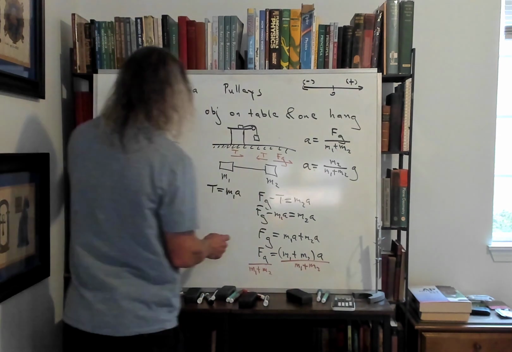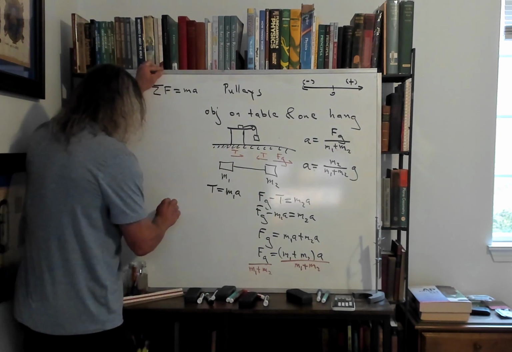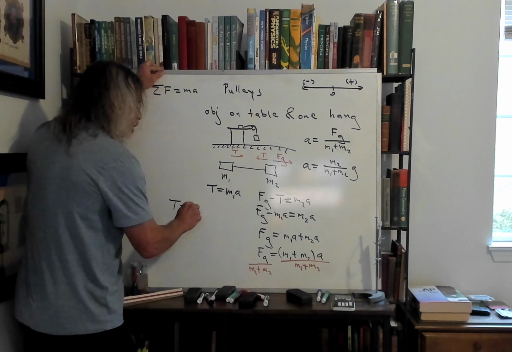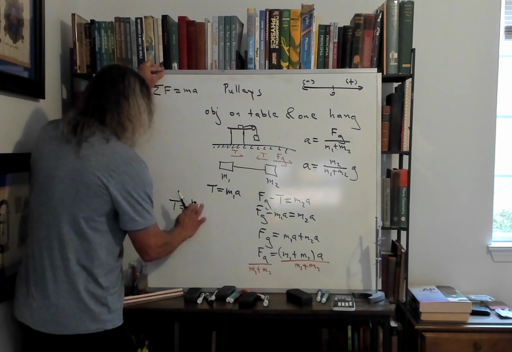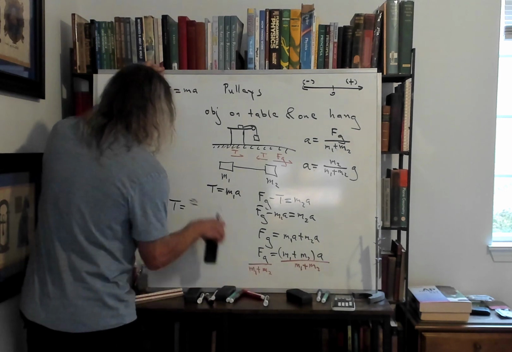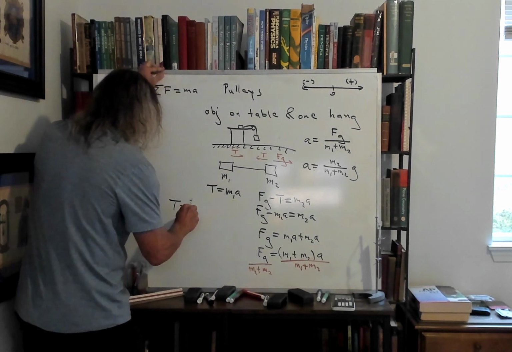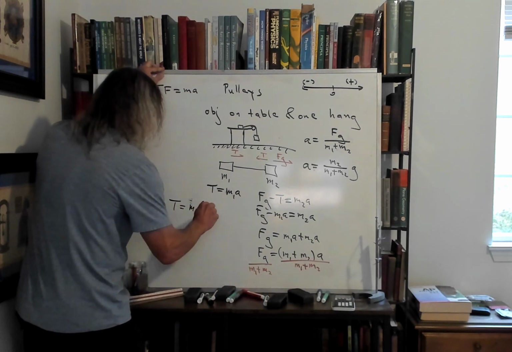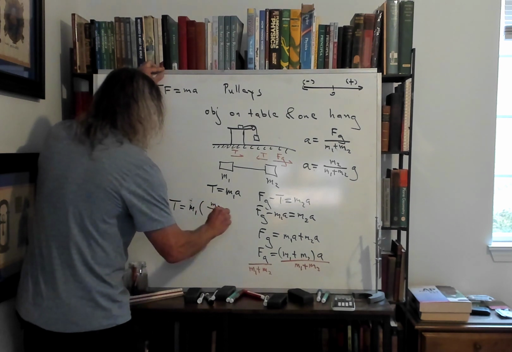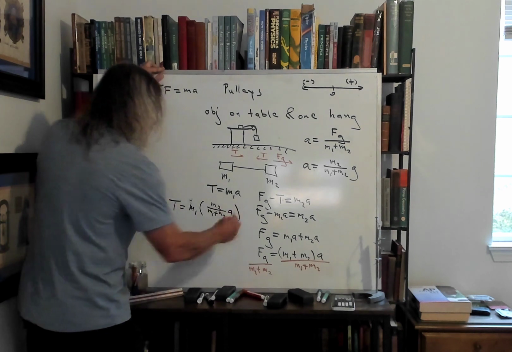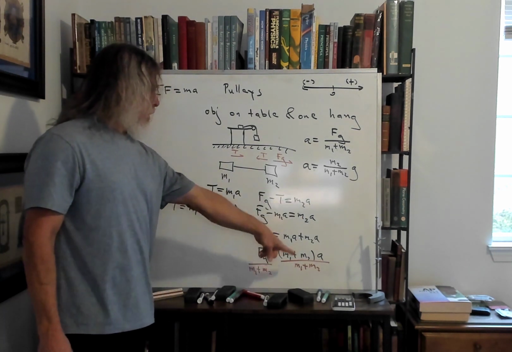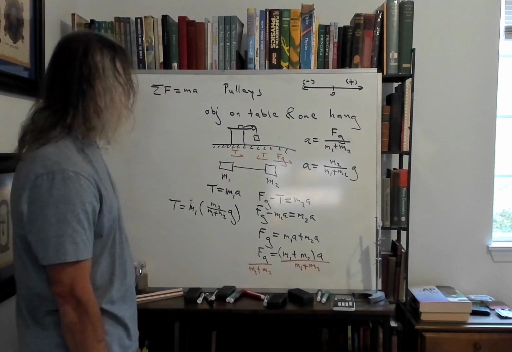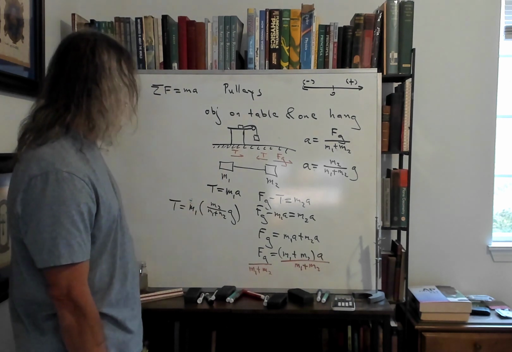We put this in place of A, and so tension is m1 times m2 over m1 plus m2 times g. Or you can put it in here and get a formula, but this would be more efficient.